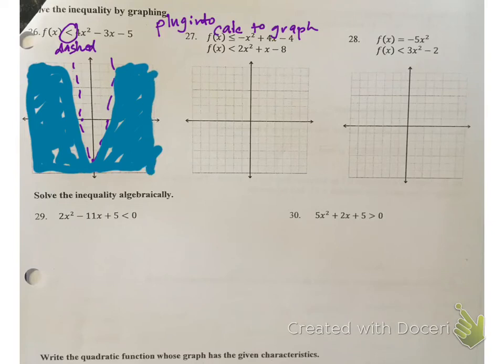Then if you have a system like this, I'm going to use two different colors. So this first one would be negative x squared plus 4x minus 4. It would be a solid line.